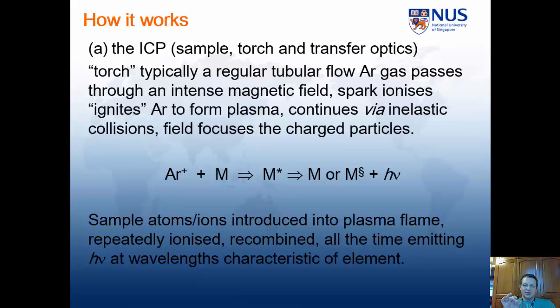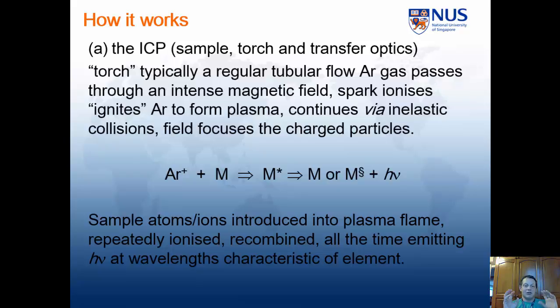All you then need to do is spark the argon, just a little, like a thing you light your gas cooker with, and the argon will ignite to form a plasma. Now effectively you form Ar+ ions from that original spark, and those Ar+ ions, which are very excited, moving very fast, collide with other argon atoms, and so the plasma is then continued via these inelastic collisions.